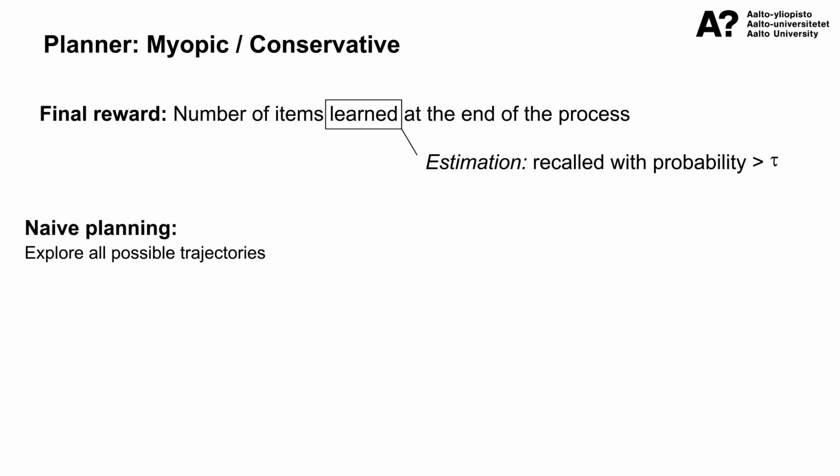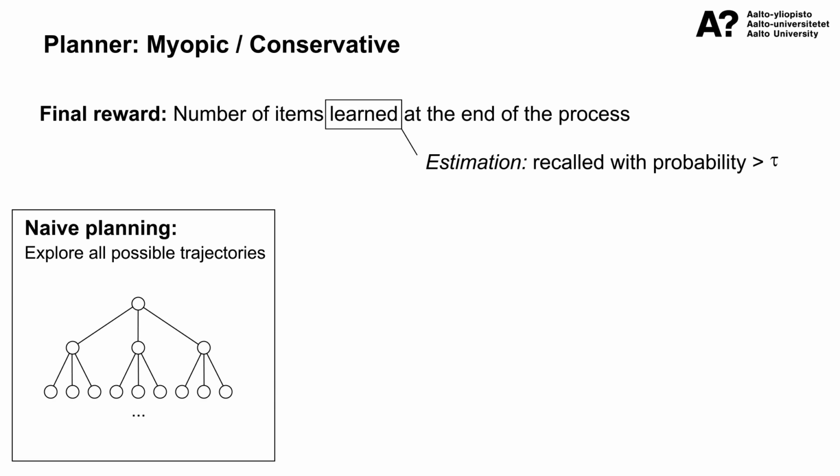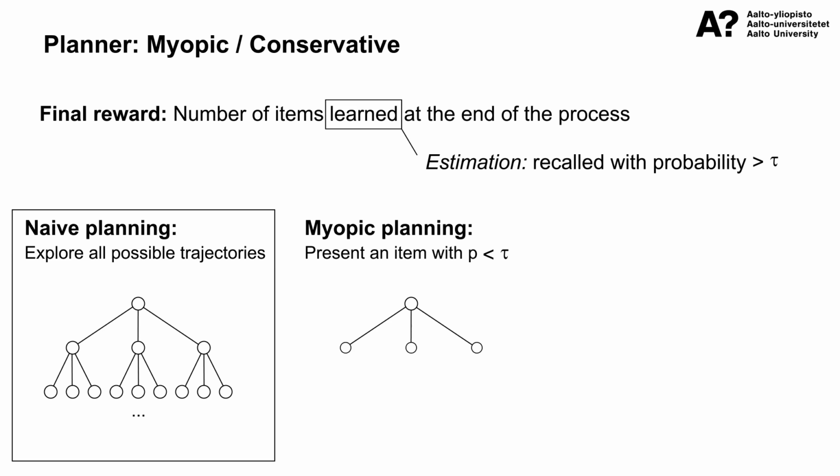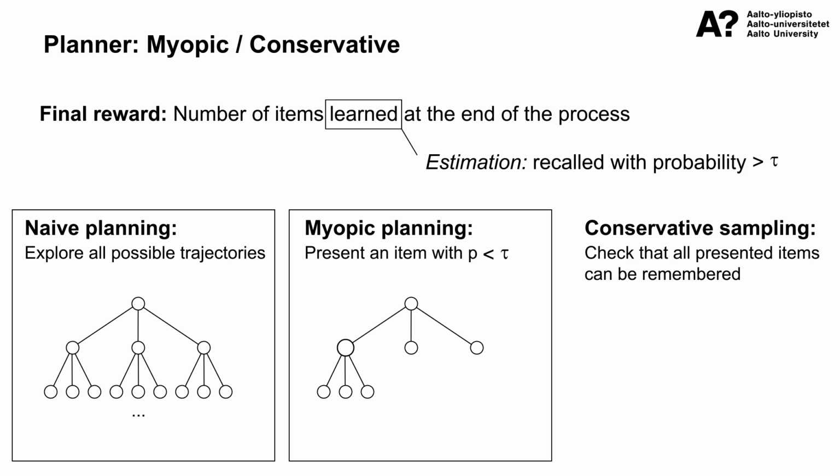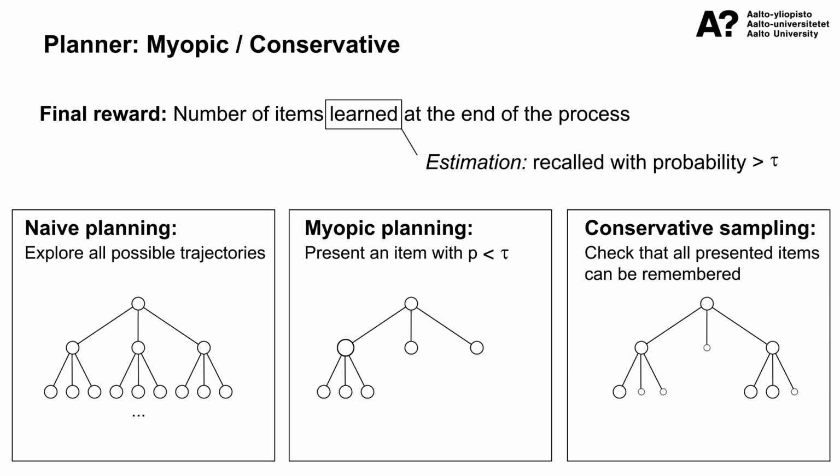The planning phase itself is extremely costly because of the large number of items and the large horizon. We propose two simple alternative methods to alleviate this. A myopic planner, which operates greedily and gives priority to items being forgotten without consideration for the longer horizon, and a conservative teacher, which guarantees that no presented item will be forgotten at the end of the teaching process.